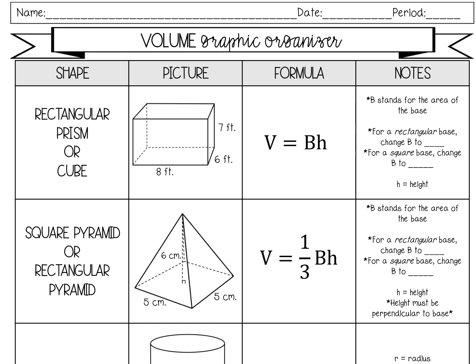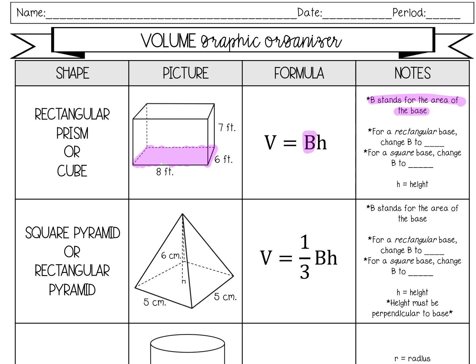Okay, so my rectangular prism or my cube are going to use the same formula. In the notes on the side to the right, it says B stands for the base of the area. I'm going to highlight that so you know what the base is. Base of the area is just the bottom piece. Base is like the floor that you stand on. That's what my B stands for.